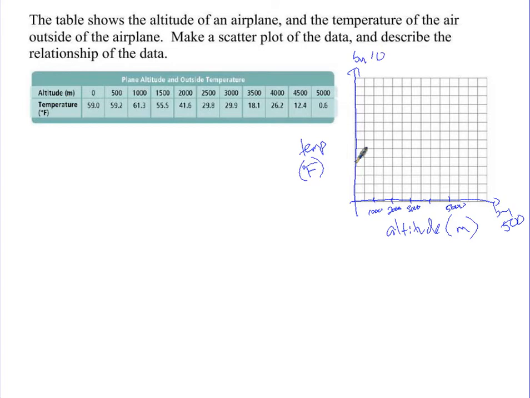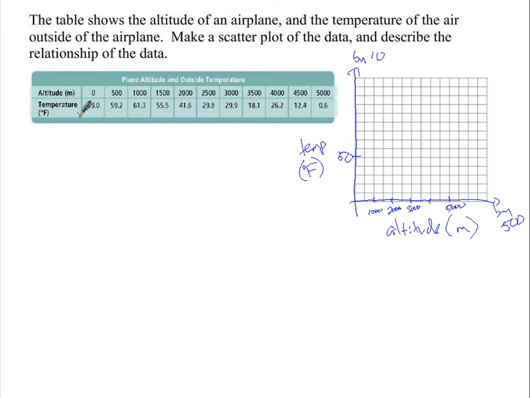So 10, 20, 30, 40, 50. There's 60, and we're good. Technically, we could have gone by 5s, I suppose. Yeah, we could have gone by 5s. And you really should. You should try to spread out your data as best as possible. We already have 10s on here, so that's fine.